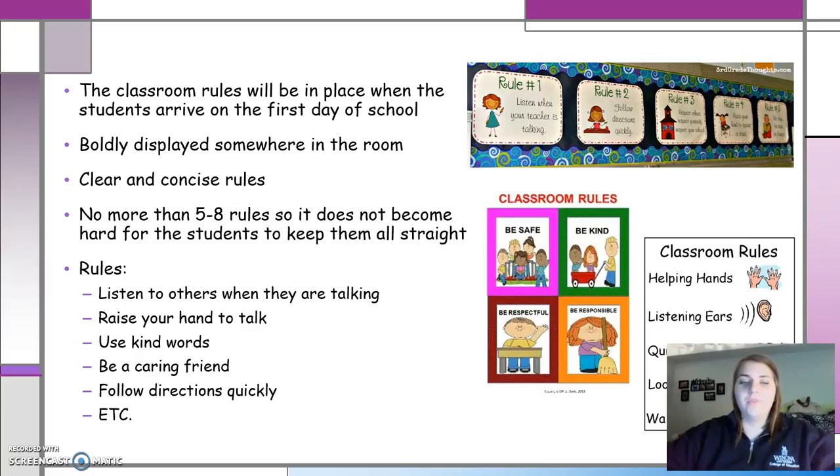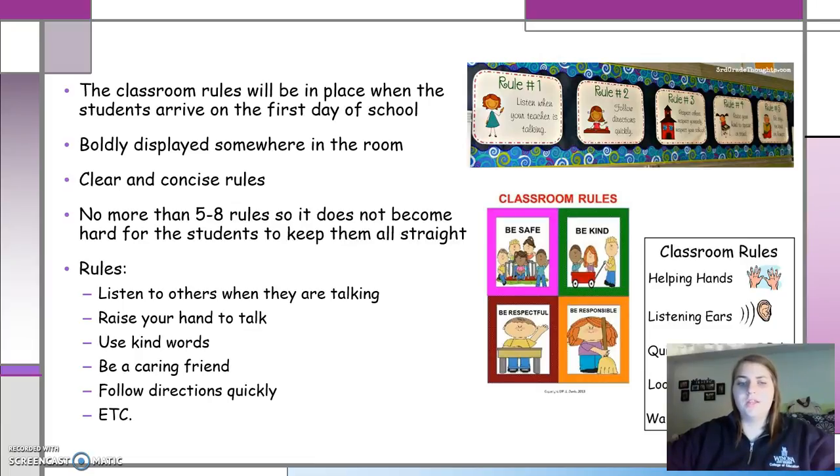I also think that rules should be clear and concise and not be written in a way that confuse the kids. And then also not having any more than 5 to 8 rules, because I think after that it becomes really hard for the students to keep all the rules straight and to remember.